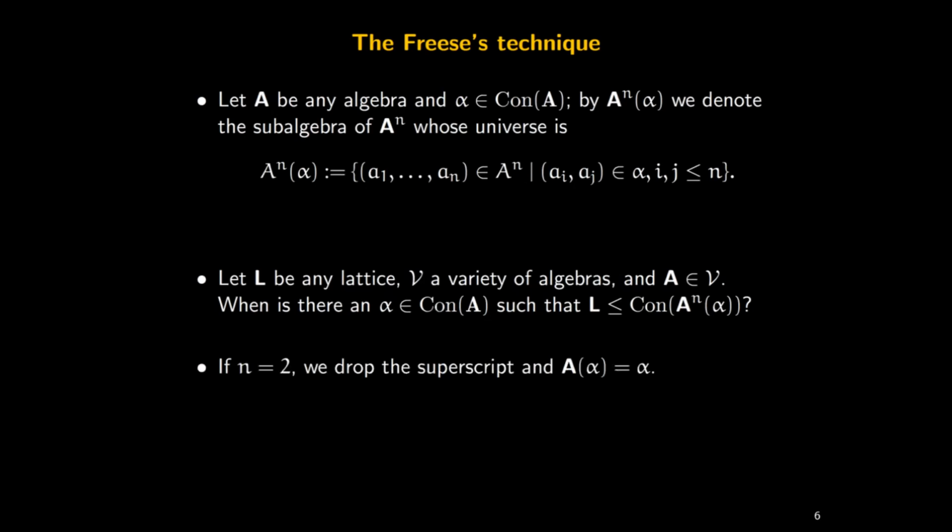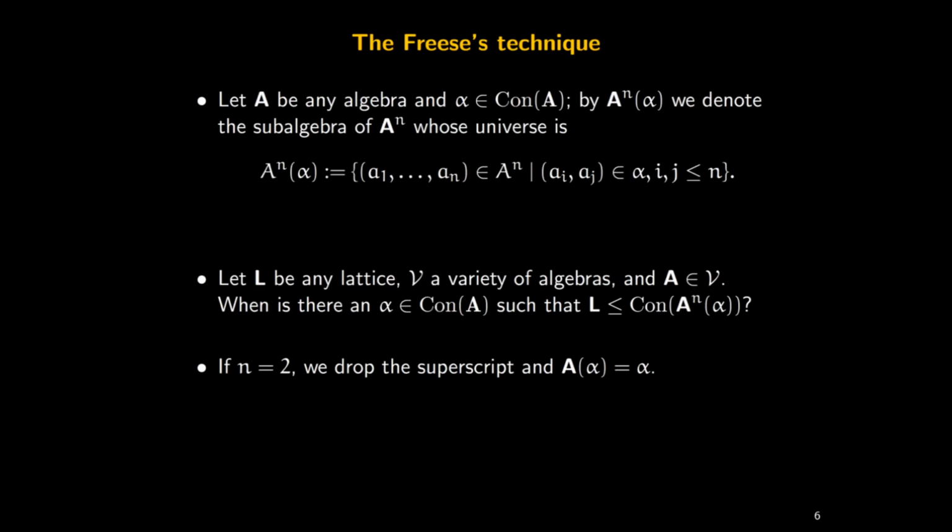In general, for almost all the cases, since it's already quite complicated, we fixed n equal to 2. That was also the case studied by Freese and also some other researchers. Also in our result, we used some higher powers to form some chains of lattices.